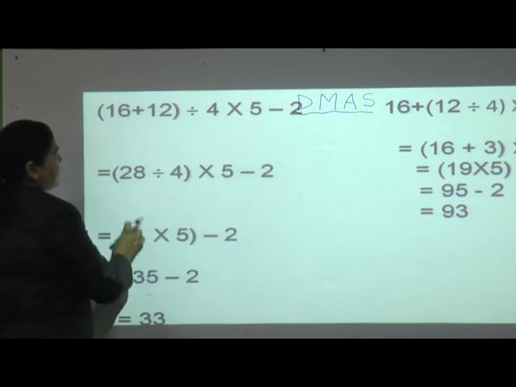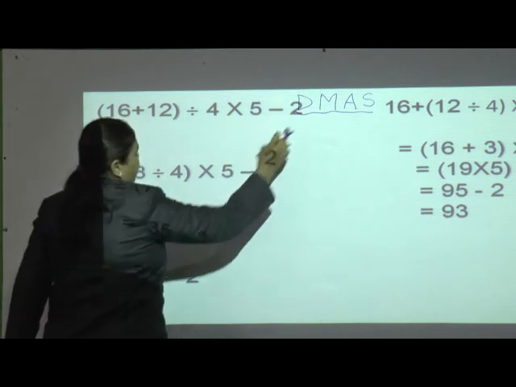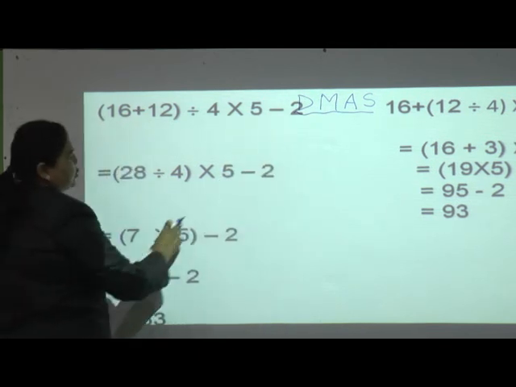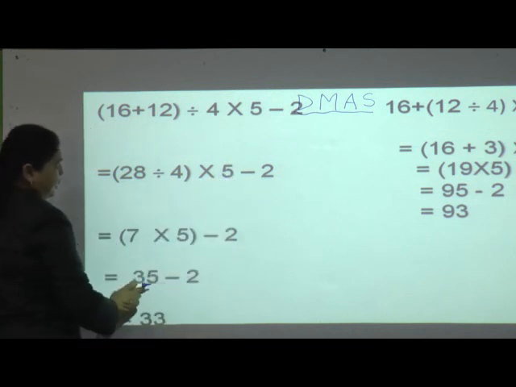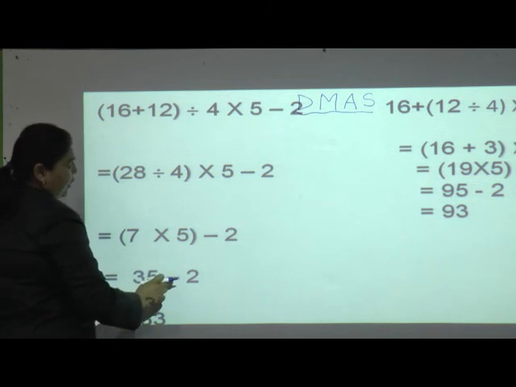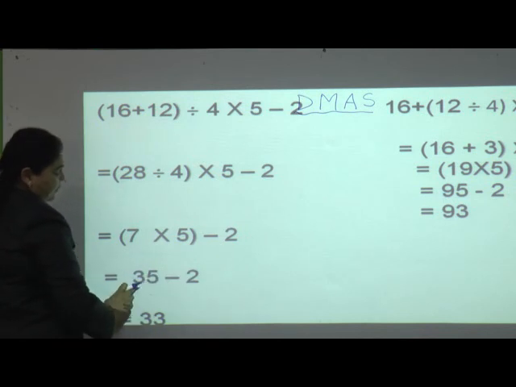It is 7 4s are 28, so we are writing 7. After that we are having a multiplication, so we will write multiplication, and whatever expression or terms we are having, we will write here. Then 7 5s are 35, minus 2. This subtraction is very easy. Already you know. So you will write after that 35 minus 2 is 33.